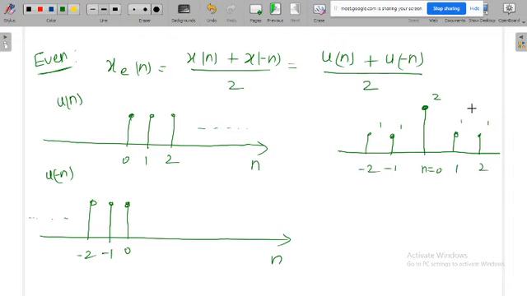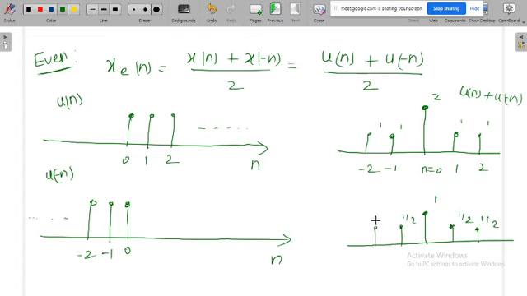Once you add u of n plus u of minus n, this will be the answer. Again you have to divide by 2, then only you will get the even component. Once you divide by 2, this becomes 1 by 2, 1 by 2, 1 by 2 and 1 by 2, at 0, 1, 2, minus 1, minus 2, going from plus infinity to minus infinity.